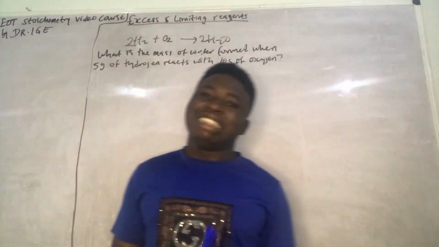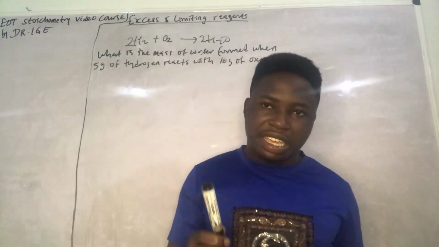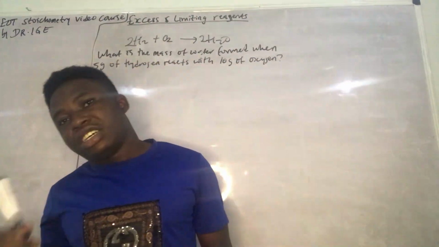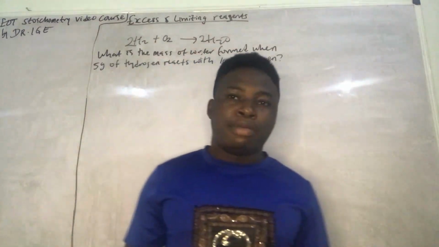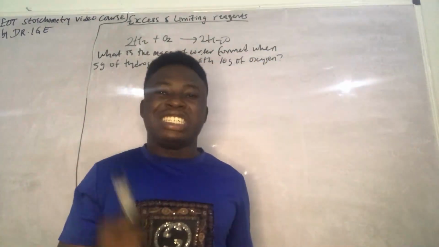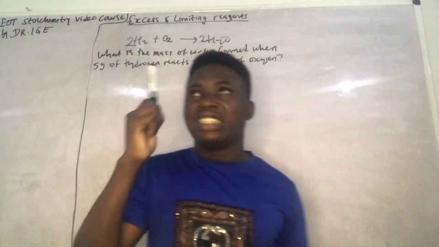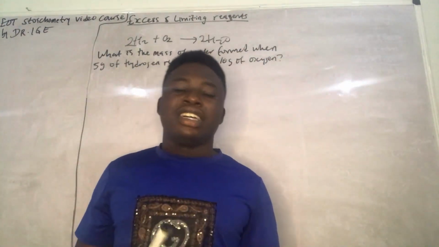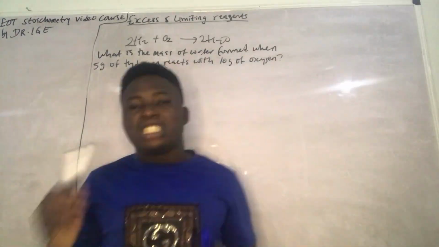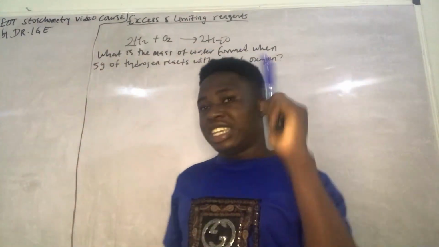You agree with me that the amount of oxygen we have here is not enough, it's less than what we need to produce that amount of water. So we can see that oxygen is in limited quantity. Do you get? So it will not determine the amount of water that we're going to produce. Same thing, I said this is 10 grams of oxygen, this is 10 grams of hydrogen.